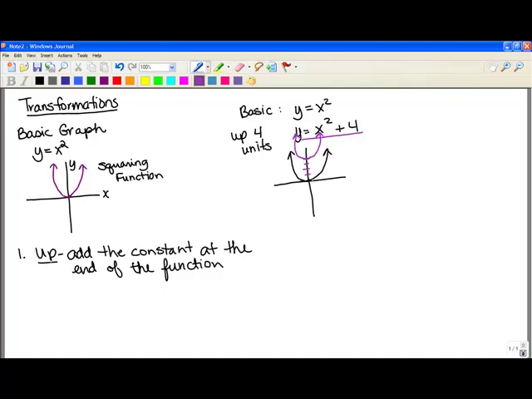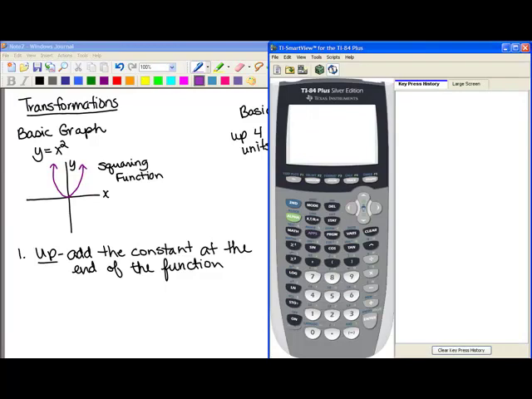Now we can verify all of these that we do today by the calculator. I'll bring up the calculator and show you what they both look like. So I'm going to press the y equals key, and I'm going to type in the basic graph, y equals x squared. Okay, I'm going to hit zoom, number 6. And that was our squaring function, same shape, parabola.